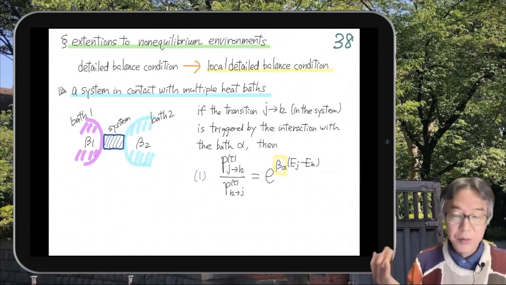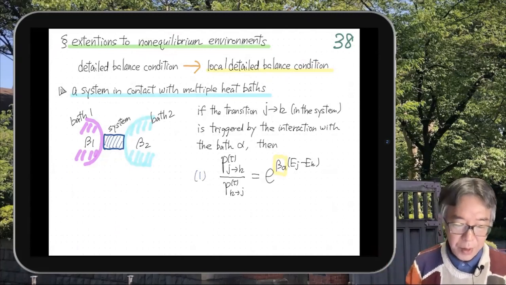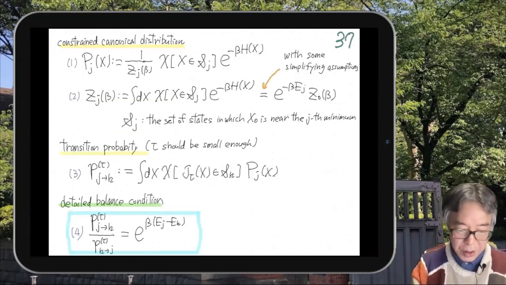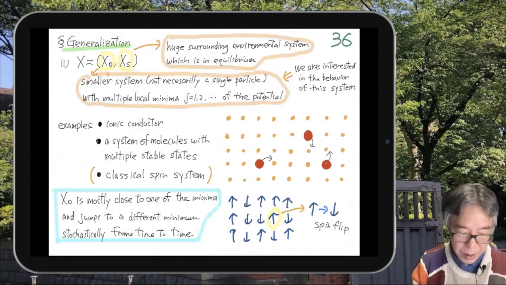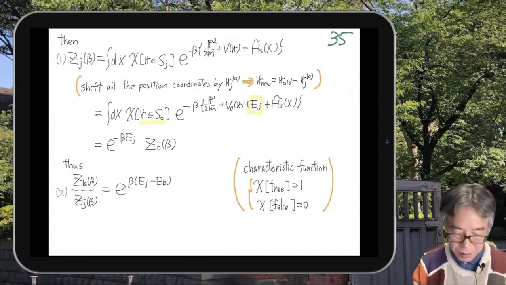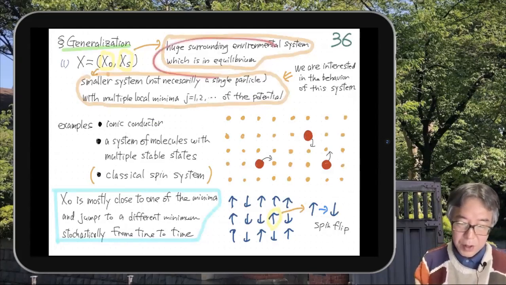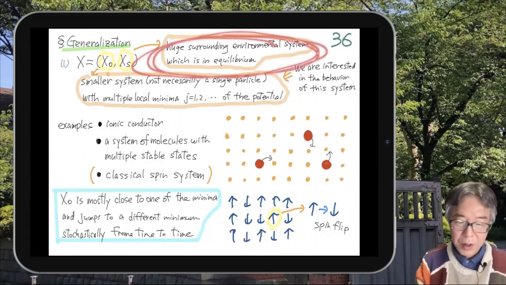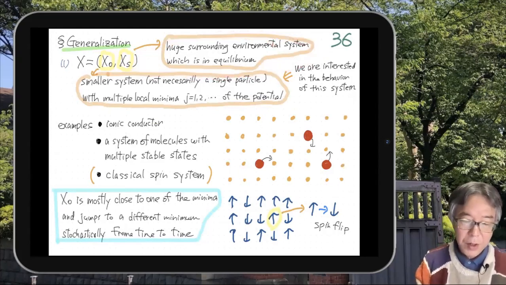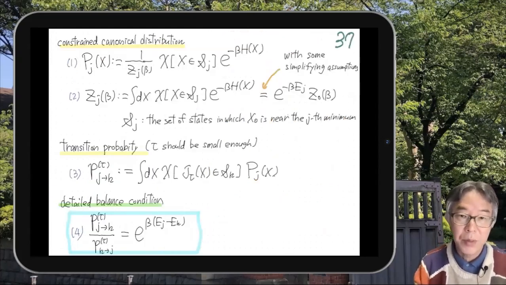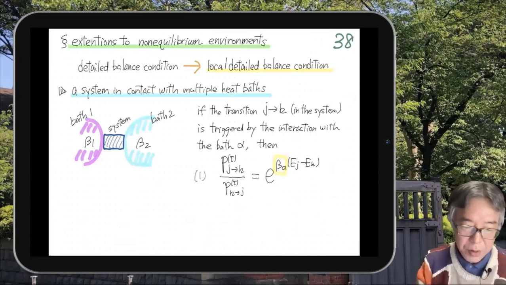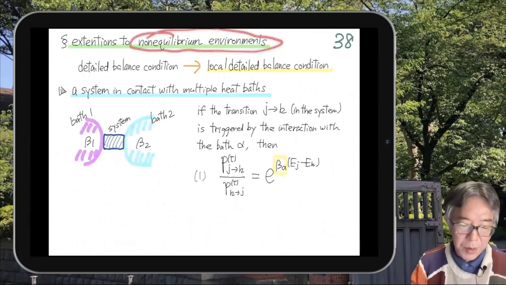We were discussing equilibrium environments here, because we were discussing the situation where the huge surrounding environment is in thermal equilibrium. That was our assumption in the previous consideration. But now we want to consider certain non-equilibrium environments.